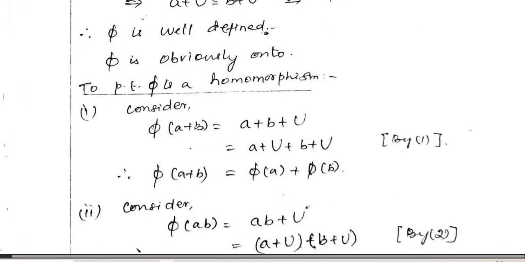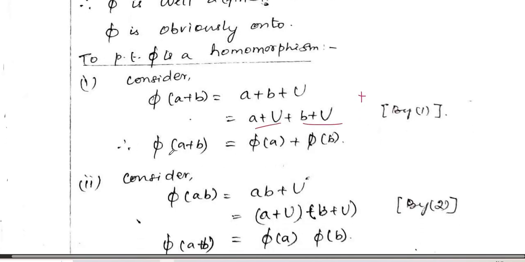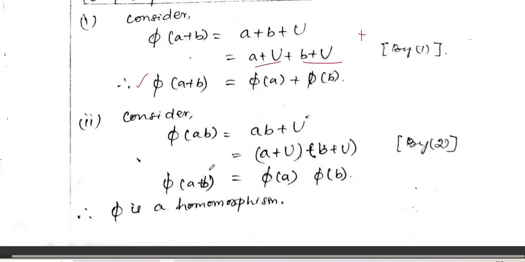For homomorphism, with regard to addition and multiplication, we have to check the condition. As far as addition is concerned, phi of A plus B, by the definition of phi, is A plus B plus U. By the definition of addition in R mod U, you have this to be (A plus U) plus (B plus U). But this is nothing but phi of A plus phi of B. So you have this condition with regard to addition to be true.